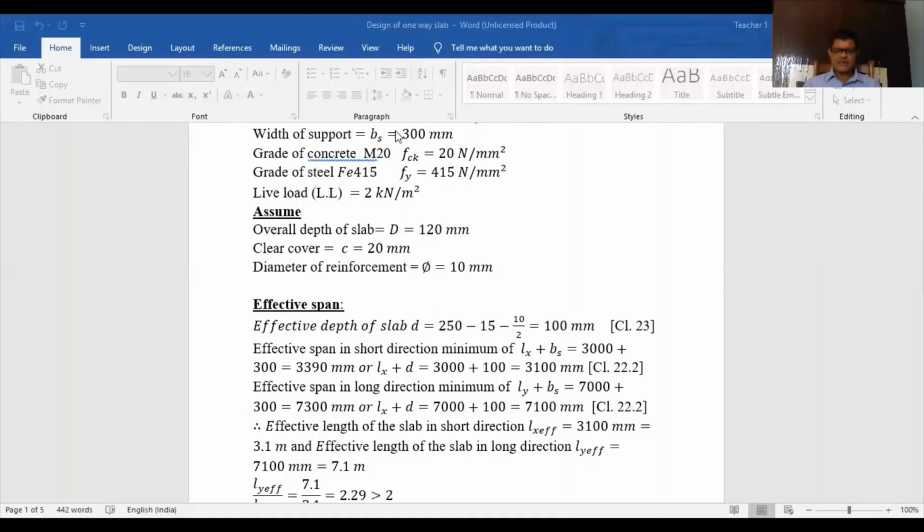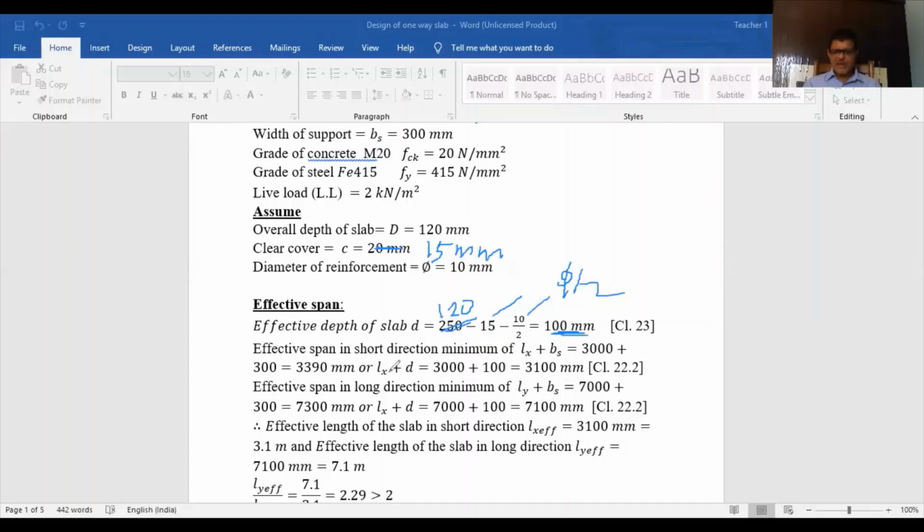Please do the corrections. This is 120 minus cover to reinforcement, which is 15 millimeter. Please do the checks: 120 minus 15 minus half of the bar diameter, 10/2, so this comes out to be 100. Do the changes; there is a slight calculation mistake here. Now the effective depth is 100 millimeter.